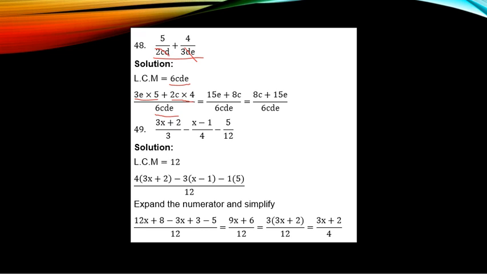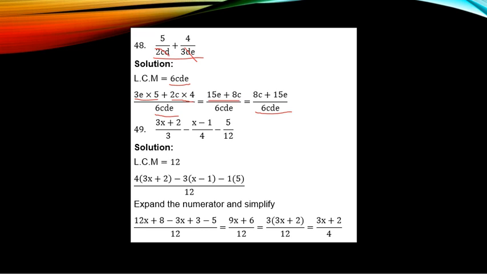If you multiply, you have 15e plus 8c all over 6cde. If you want to follow alphabetical order, you have 8c plus 15e all over 6cde. So that is the alphabetical order of the solution.